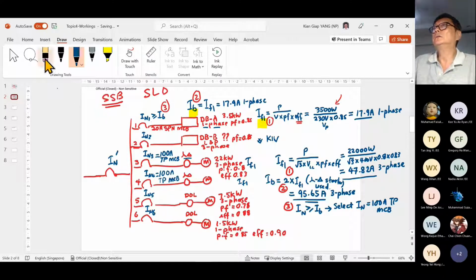I already got the answer. IN1 is 20 ampere, IN3 is 100 ampere, IN4 is 100 ampere, okay? So I'm going to delete all this so that I can have space.